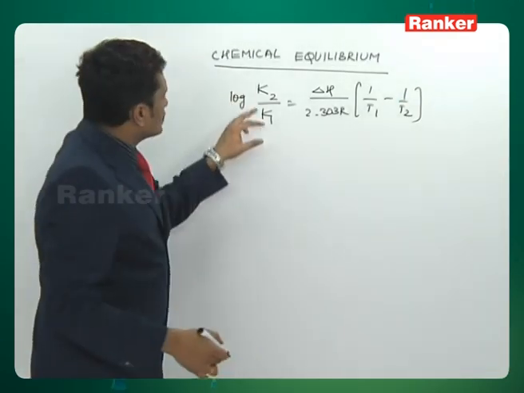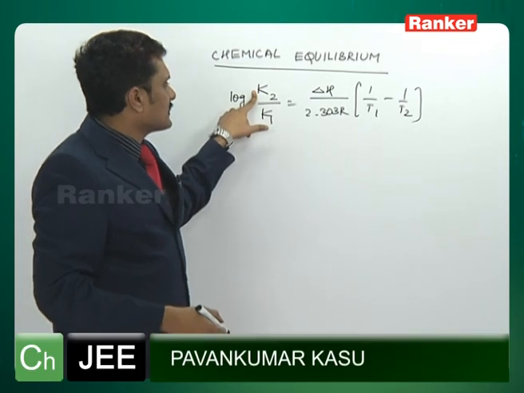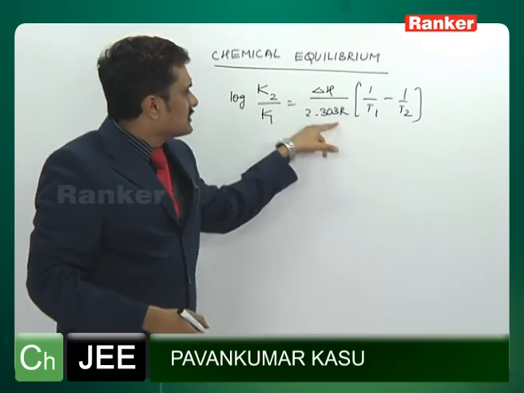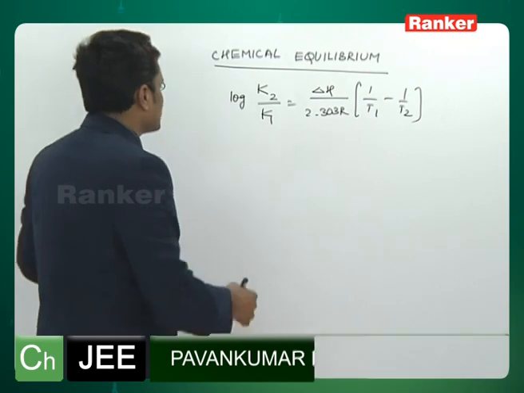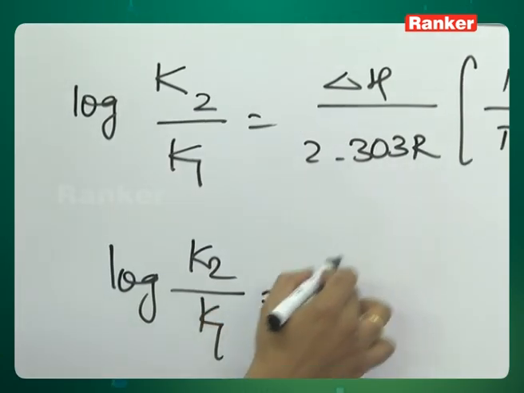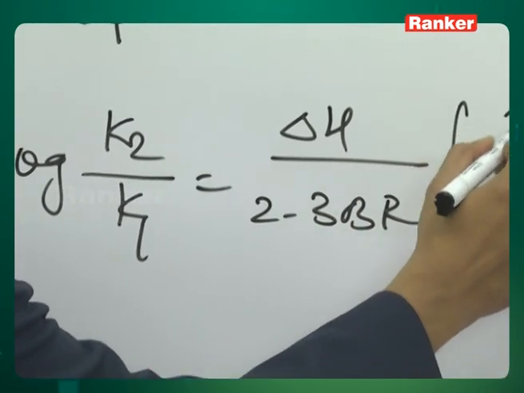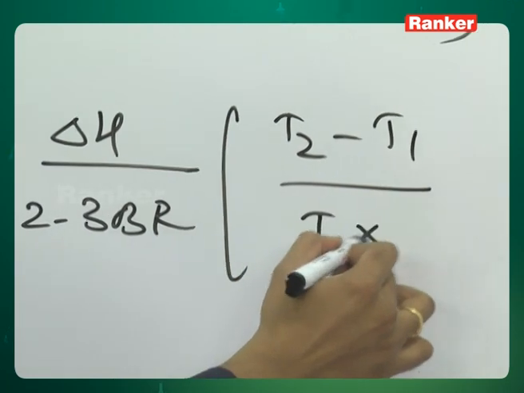So here whether equilibrium constant increases or decreases with temperature depends upon the sign of this value. Now when I write this expression, we will be writing it as log K2 by K1 is equal to delta H upon 2.303 R into T2 minus T1 divided by T1 into T2.